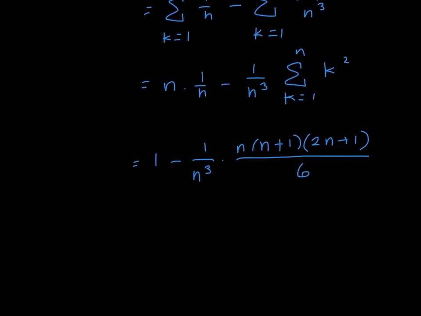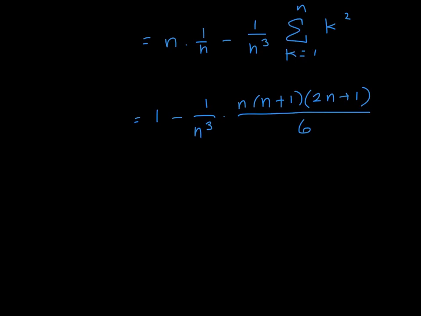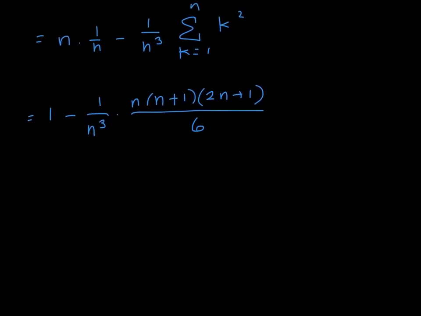So let's continue simplifying. Let me use all of the board here, so I'm going to move this over if you don't mind. This is equal to 1 minus, let's expand this in the numerator. If you expand all of that in the numerator, you get 2n cubed plus 3n squared plus n all over 6n cubed. All right, we're just about there.